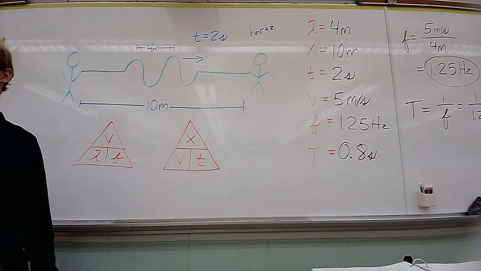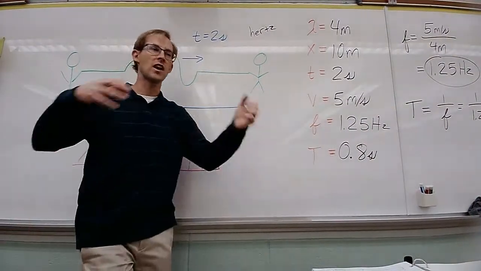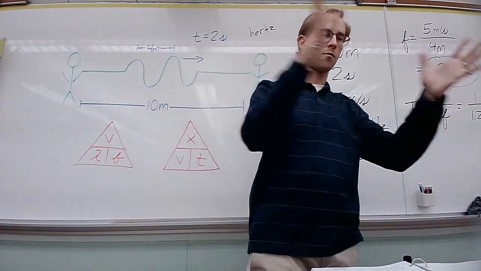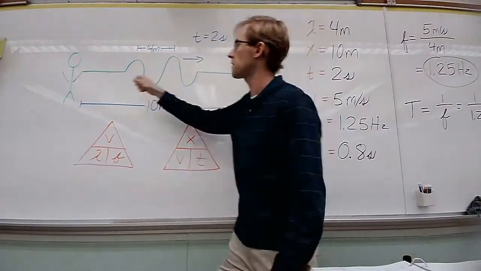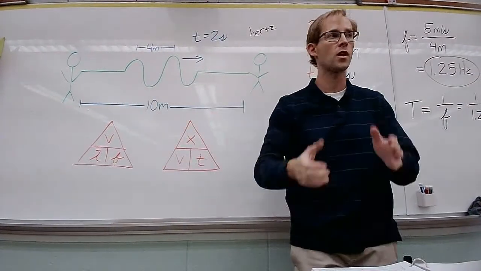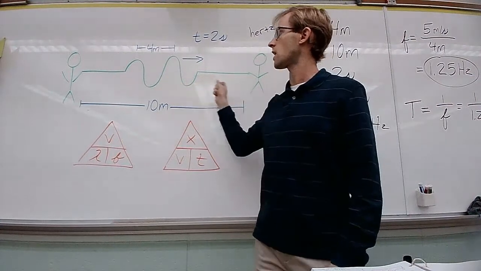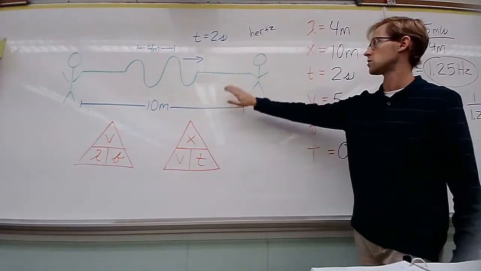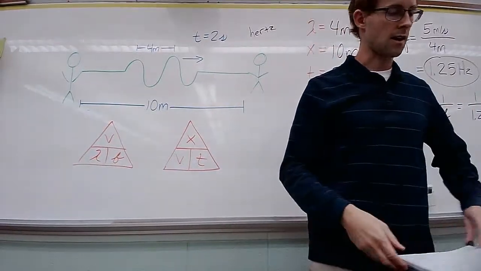Different medium, right? Something about this string would have to change. You'd have to stretch it more or compress it more. You'd have to change what this wave is traveling through. Even if you change this from a transverse wave to a longitudinal one, like a compression wave, that would not change how fast it's moving. You'd have to just change the medium that it's traveling through. Okay.